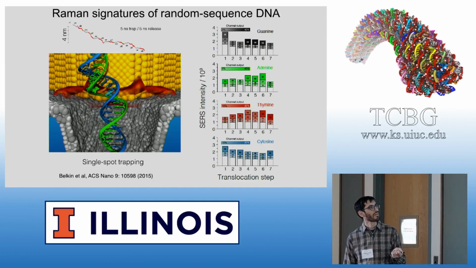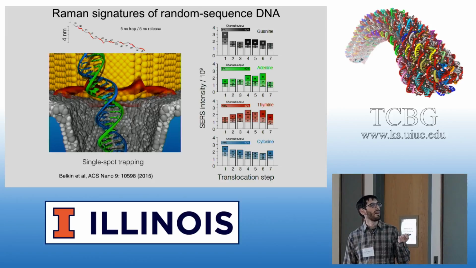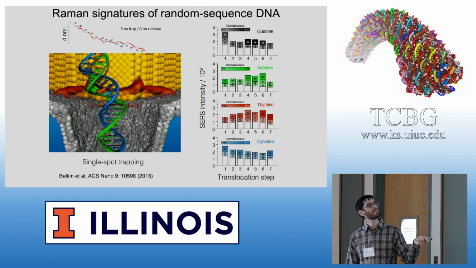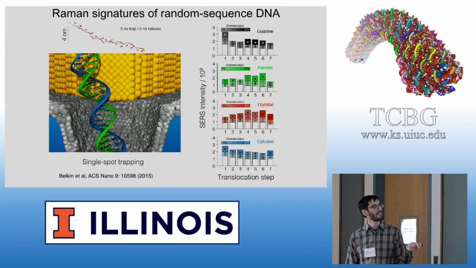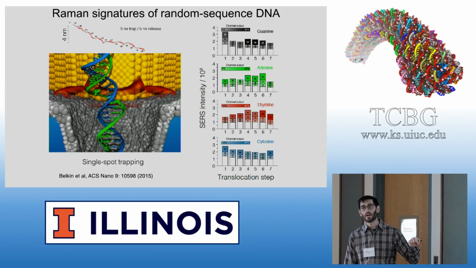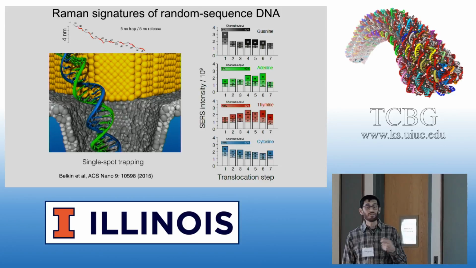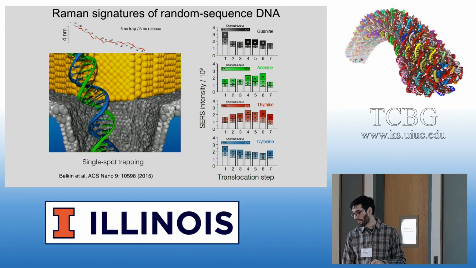Again, this wasn't my work. But I think the gist was that, in principle, yes, you should be able to see a SERS signal from the DNA that would allow you to distinguish between individual nucleotides. But in practice, I think there are challenges.